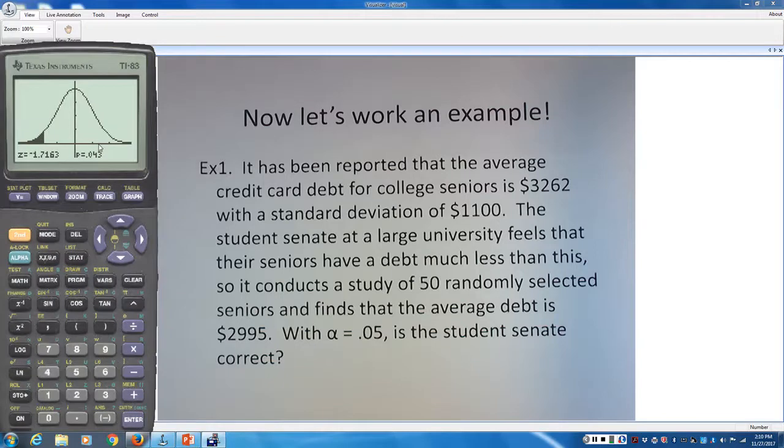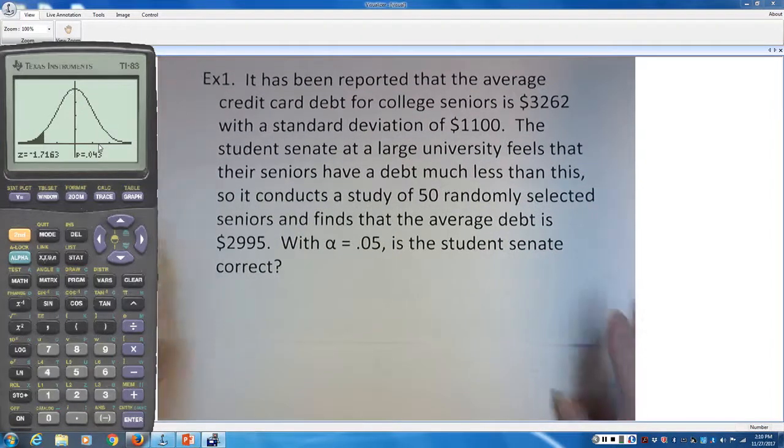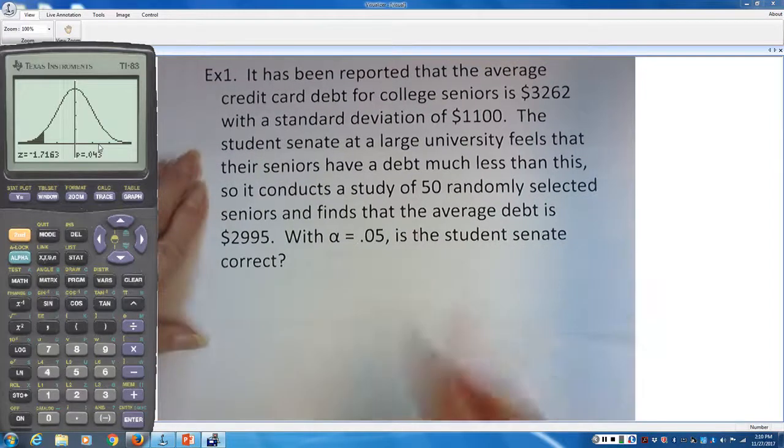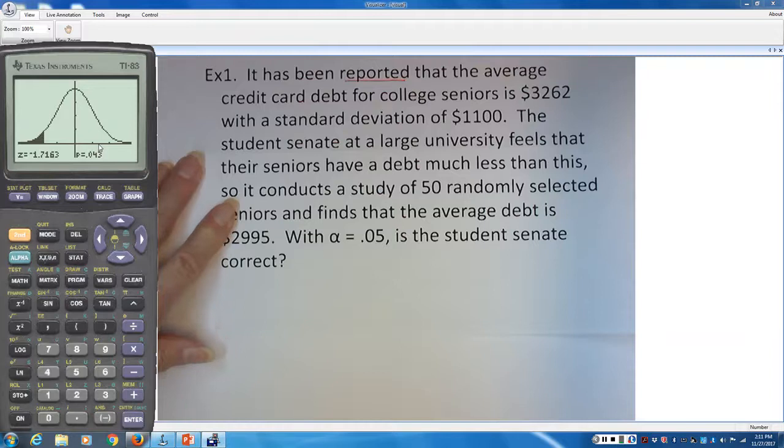What I want to do with you right now is go through the problem and make sure you understand what I want to see. So you read your sentence and it says it's been reported. Reported, stated, claimed. That's always going to tell you what your claim is.